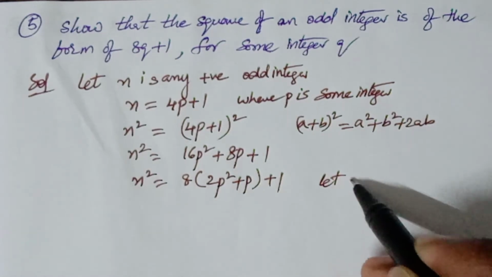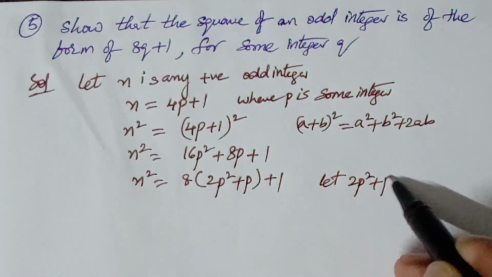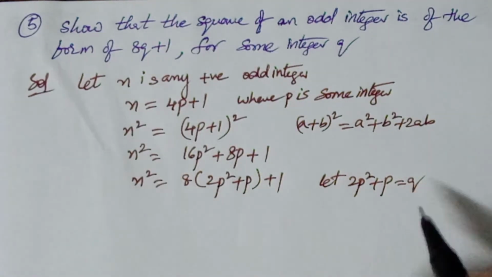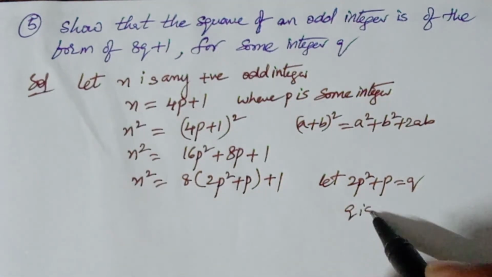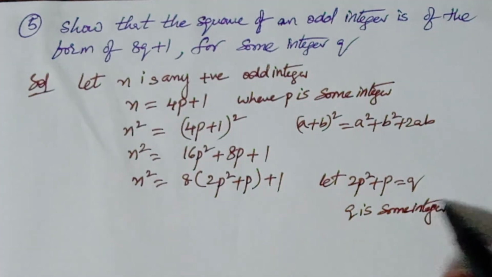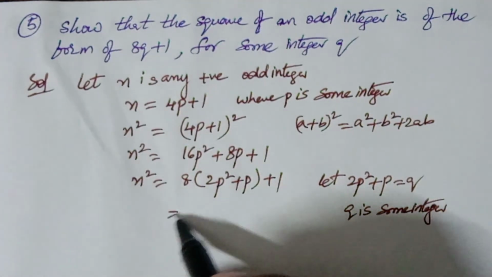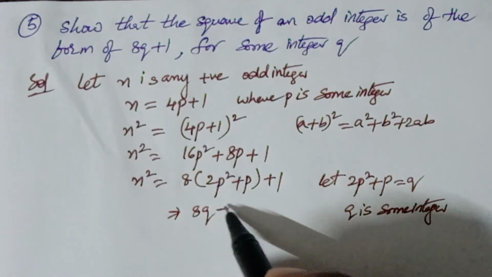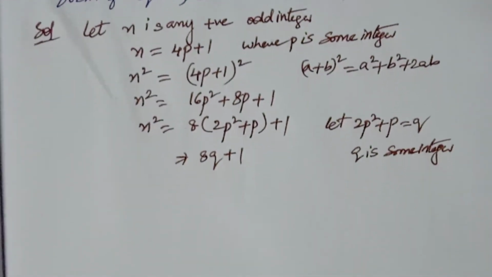So let 2p square plus p be equal to q, where q is some integer. Then it will be in the form of 8q plus 1.